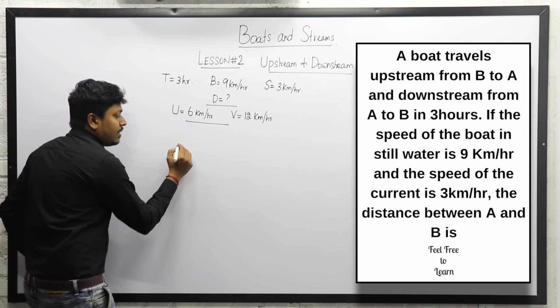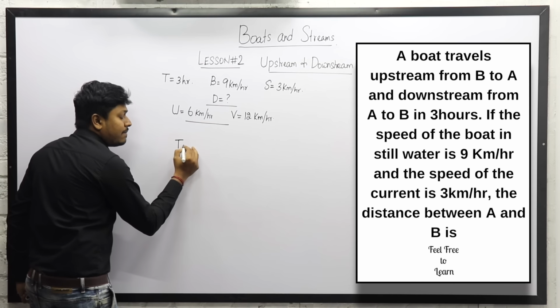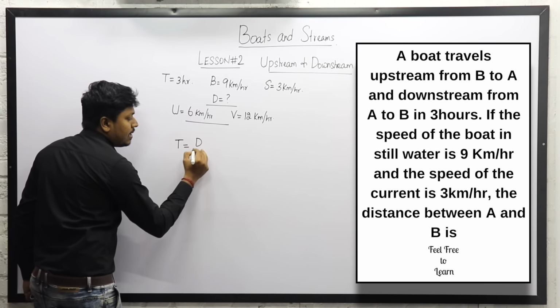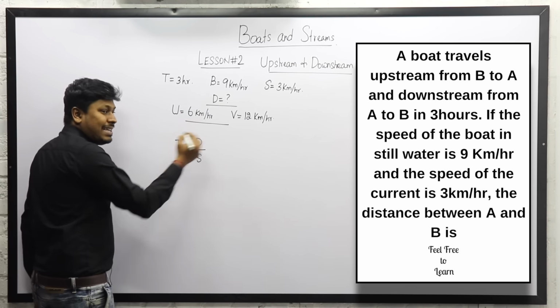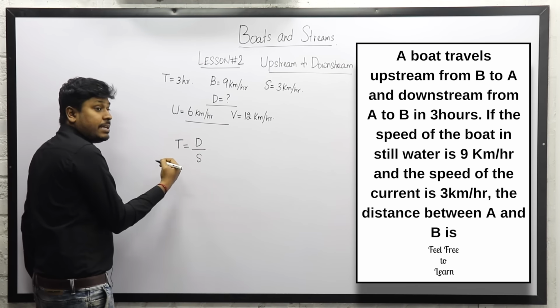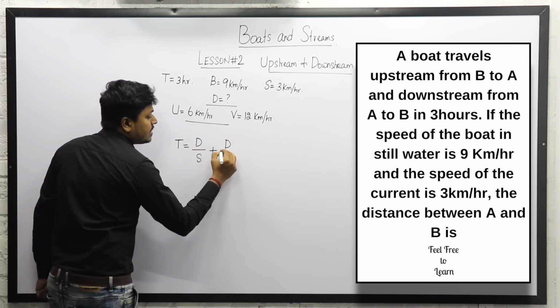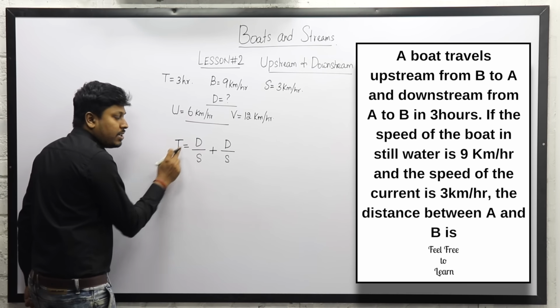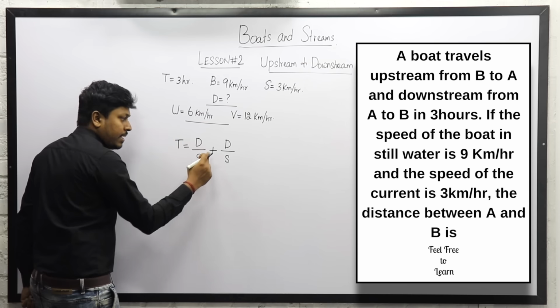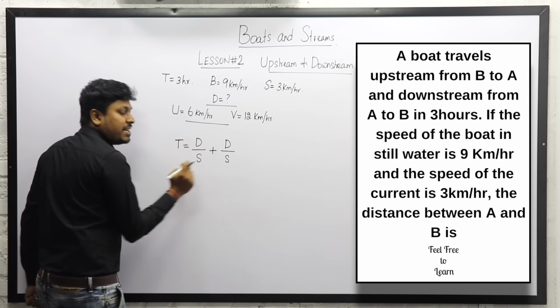Just listen carefully. We know the basic formula: time is equal to distance divided by speed. And here they are talking about both upstream as well as downstream. So what we can do is distance by speed, distance by speed. So time is equal to upstream distance by speed plus downstream distance by speed.